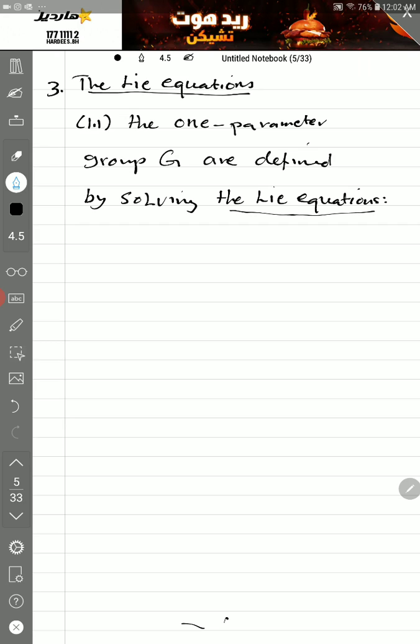In fact, the Lie equation is given by 3.1 in our notes and 3.2. I will use the notation for 3.2, and I will write it here.